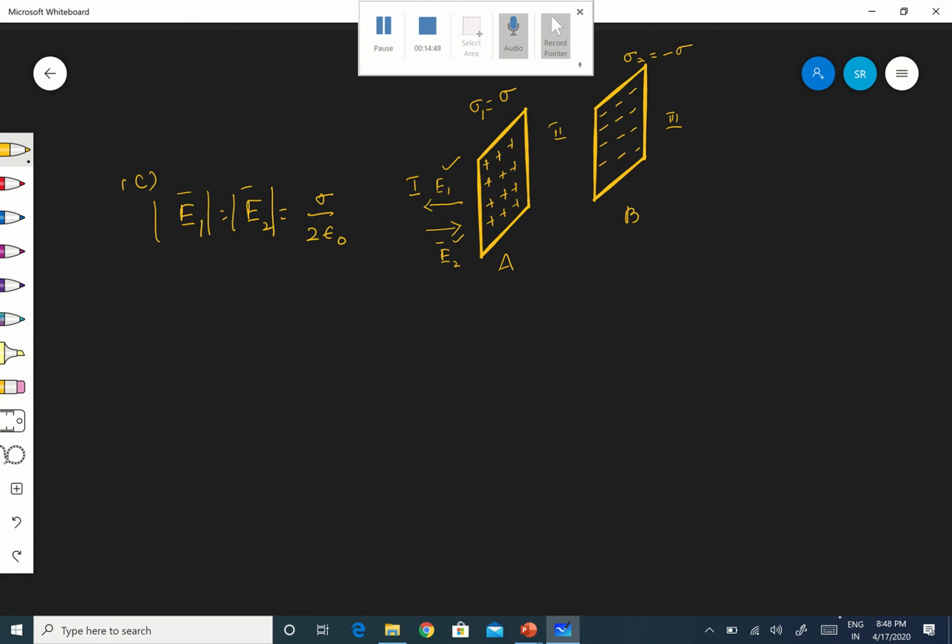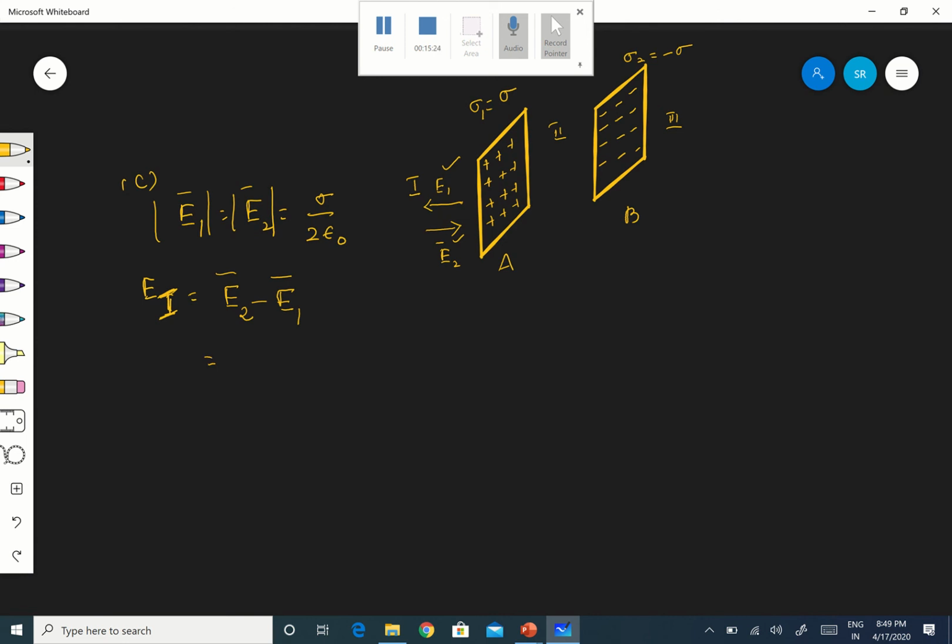Therefore, I can say that E1, the first region, is nothing but E2 minus E1, because the E2 direction is from left to right, which is positive.